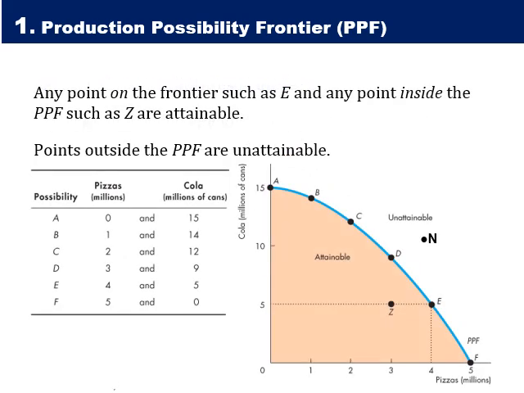Now, let's ask a crucial question. Can we produce at points inside and outside the PPF? Well, we can produce at any point inside the curve, such as point Z. However, the problem with this point is that if we choose to produce here, this will not be an optimal option for the society.